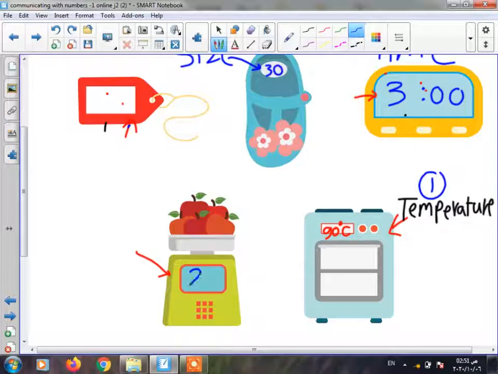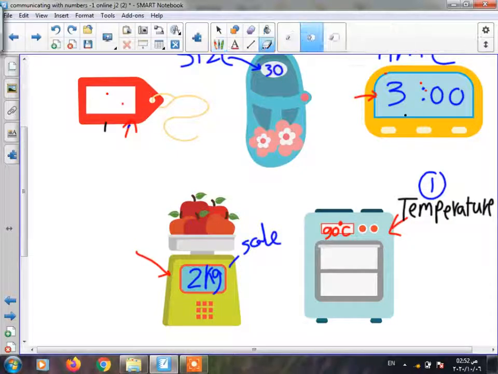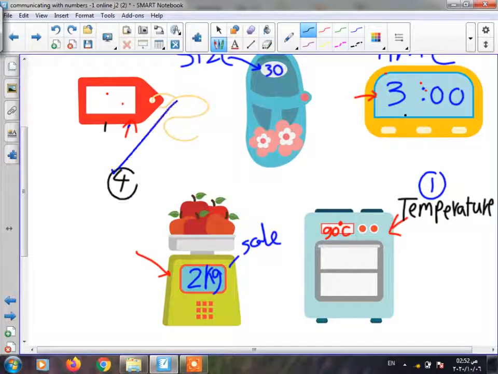I will write 2 kilogram on the screen of this scale. Why? Because it will give me information about what? About weight. So this is number 4. It gives me information about weight.